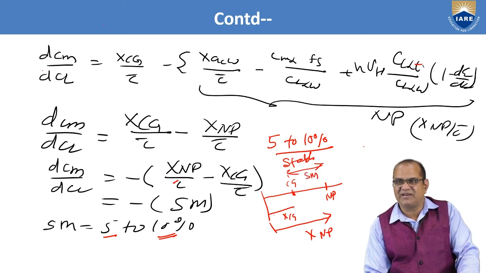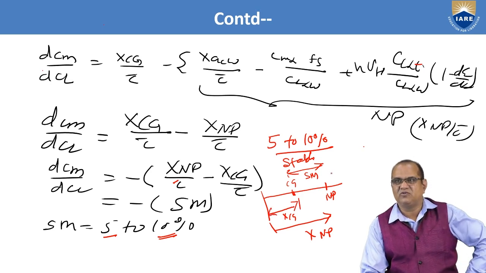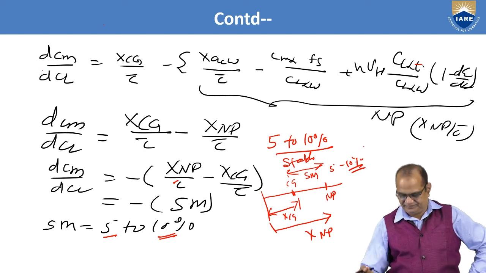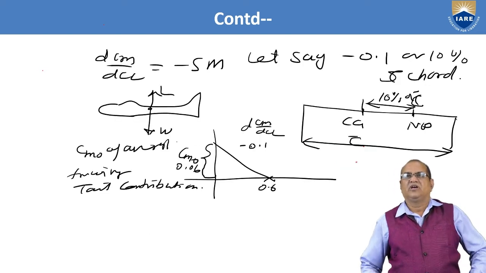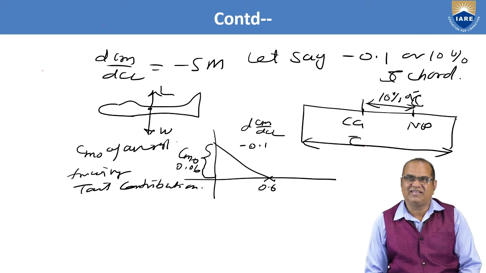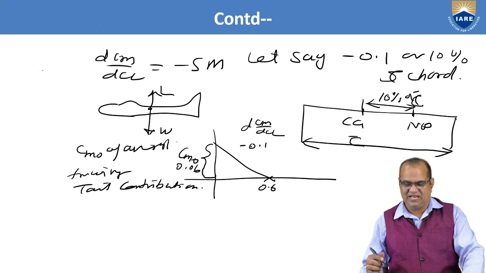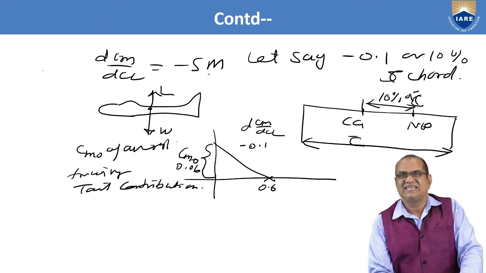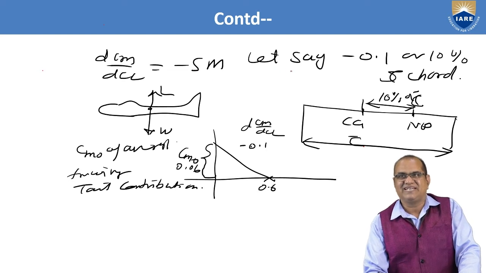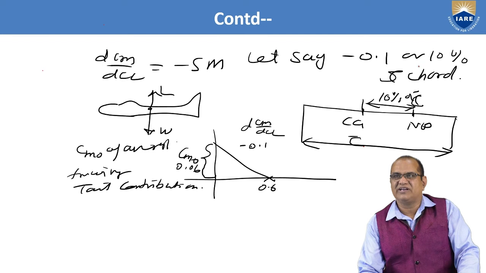Static margin is xNP minus xCG, and this value of 5 to 10% is the acceptable limit. So here we got that dCm by dCL is equal to minus static margin. Let's say that it is minus 0.1, or 10% of the chord.